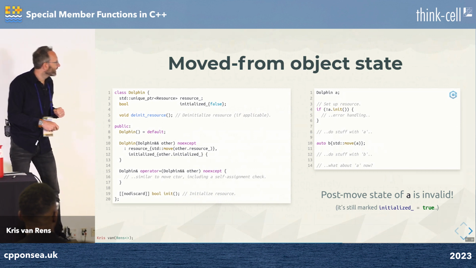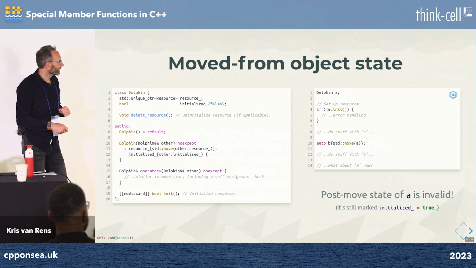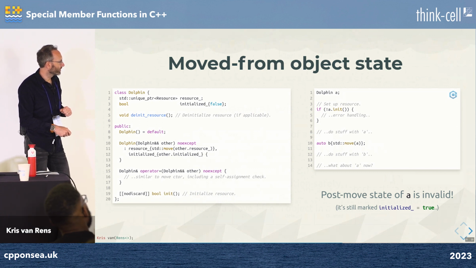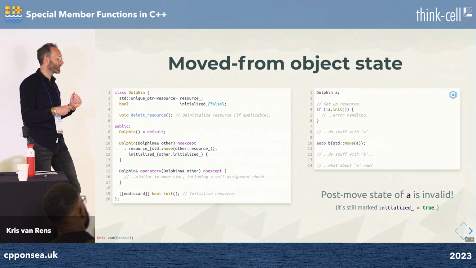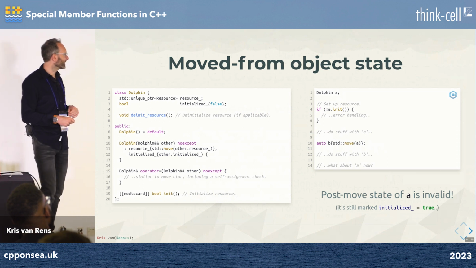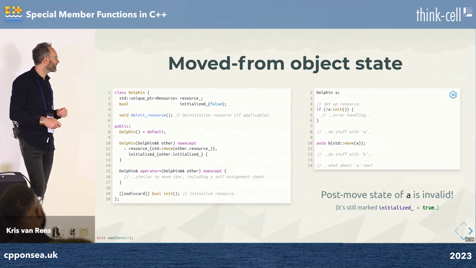But now if we move construct a type, so I implemented both the move constructor and the move assignment operator. I'm really getting puzzled by all these terms.